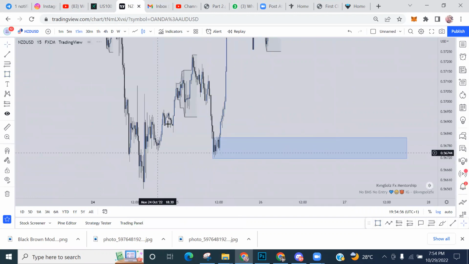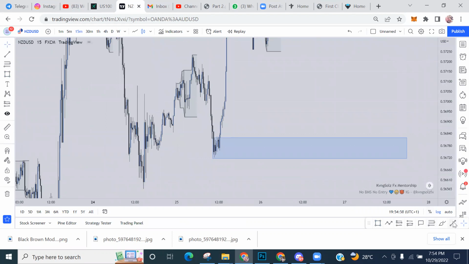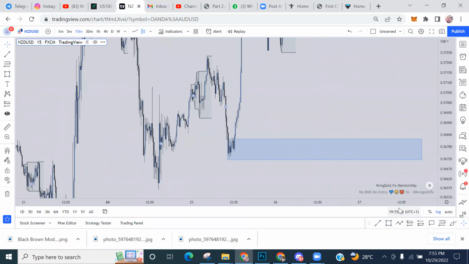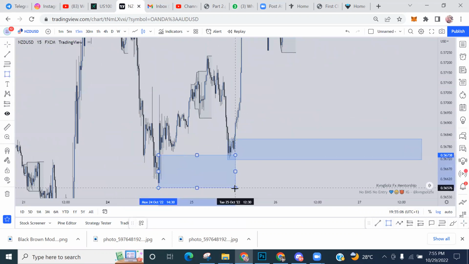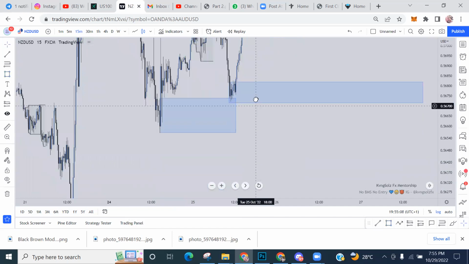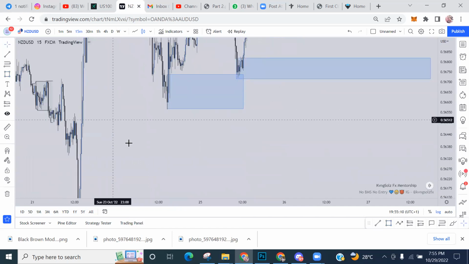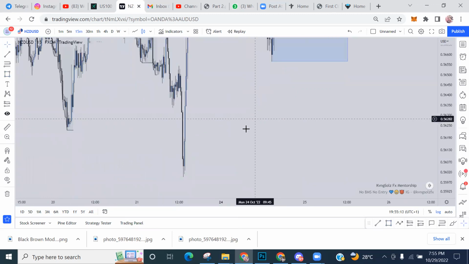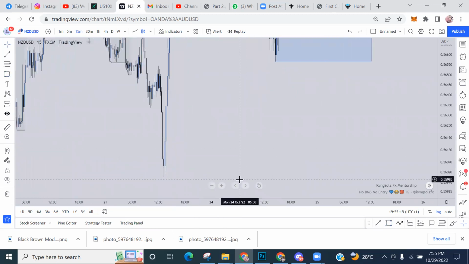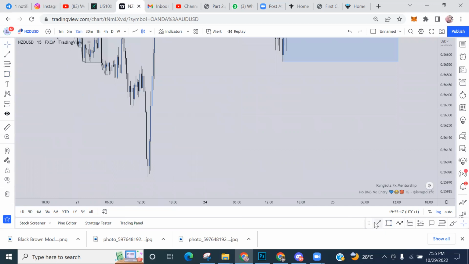Because this one is too good, right? Because it did break this structure first. You can see, then tap into this guy here. Okay. All right. And you would see this market has no imbalance here, but I can see this imbalance. Okay. So now we're having this zone now.